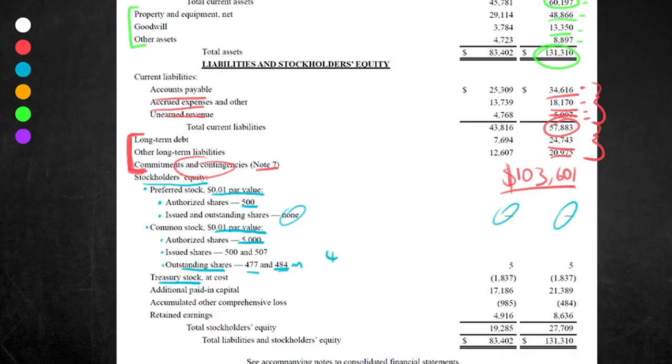And 484 million multiplied by the par value, which is $0.01, will give you 5 million. Well, some of you might be asking, well, what about in 2016? There was 477 million shares outstanding, and it's still 5.